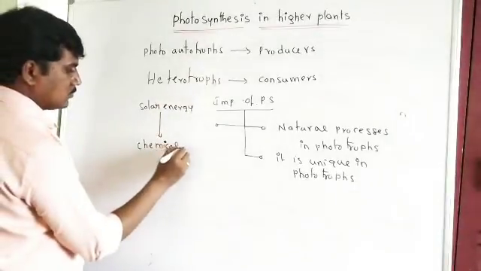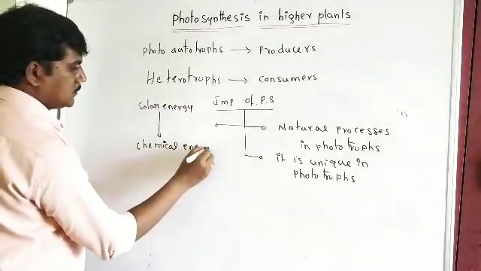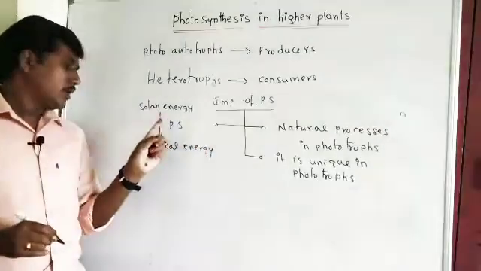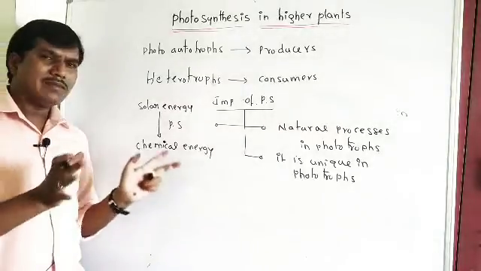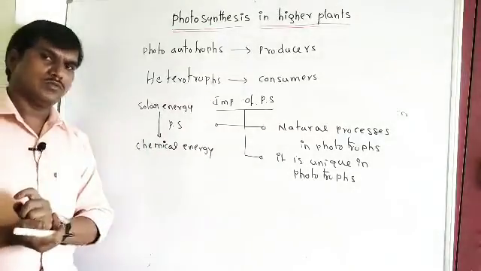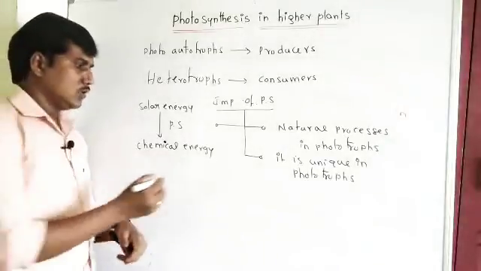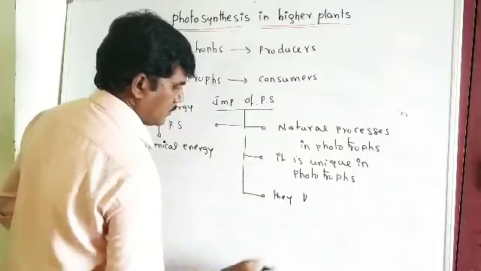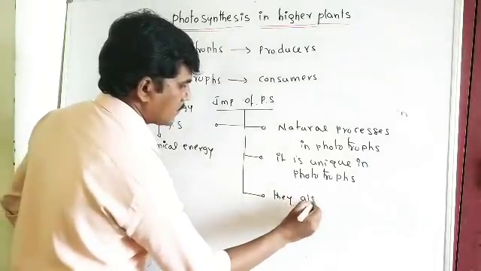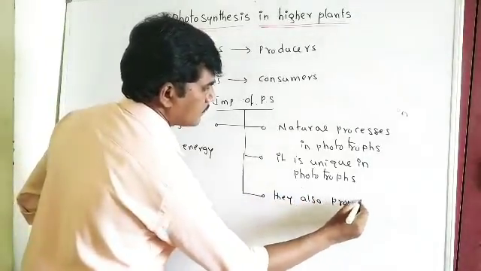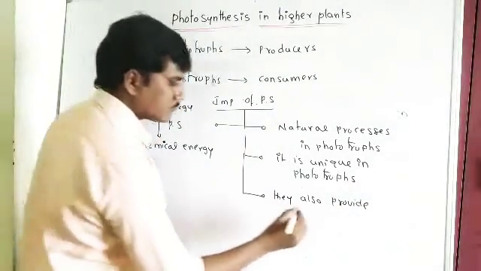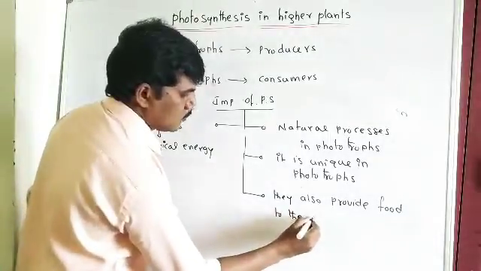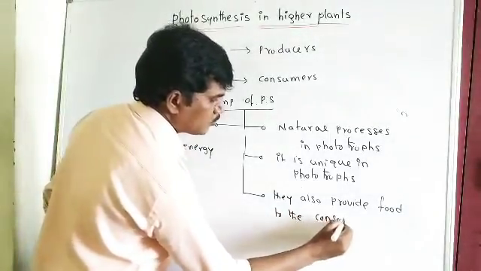Means phototrophs convert the solar energy into chemical energy. That chemical energy is stored in the form of organic compounds. And very important, they also provide food to the consumers or heterotrophs.